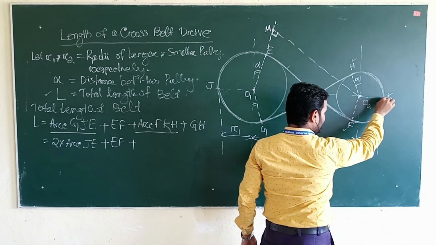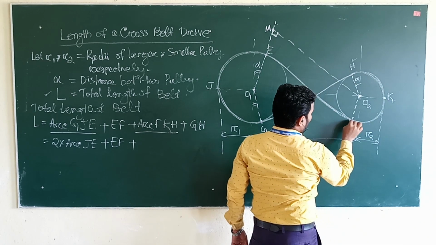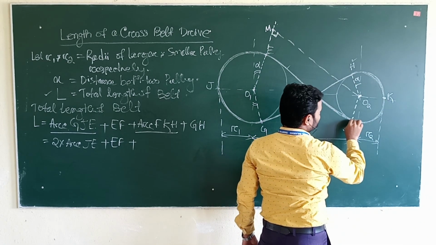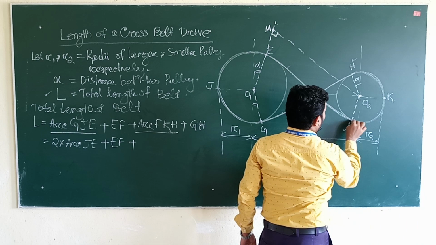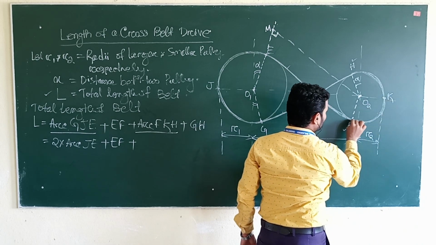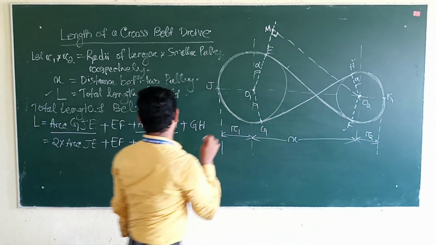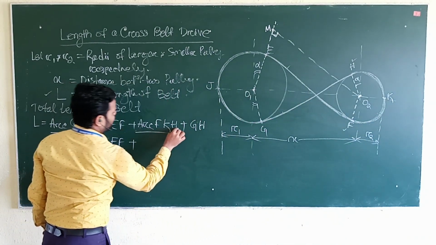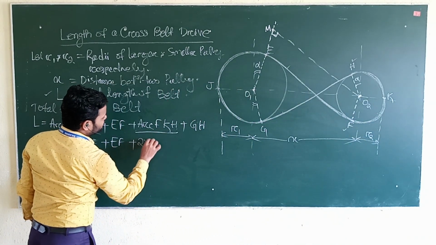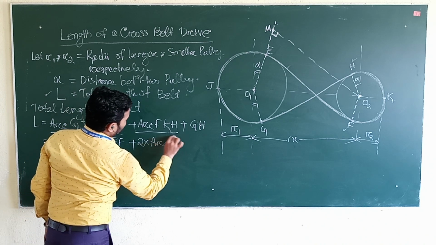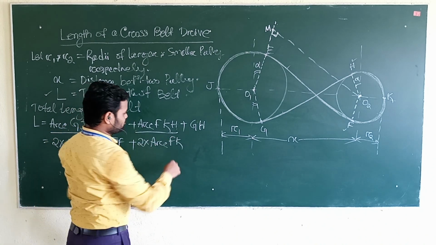the midpoint is K. So we can write the total arc FKH equals twice of arc FK. If you multiply 2 into the arc FK, we get the total length of the arc. So in case of arc FKH, we write twice of arc FK. Understood?